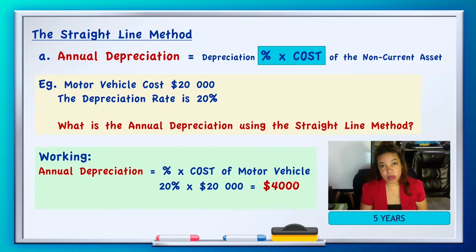If it's $4,000 depreciation annually, and the cost is 20,000, that means 20,000 over the 4,000 gives you 5 years. So the 20,000 reduces in value by $4,000 over a 5-year period. That means as well that there is no value at the end of the useful life. At least this is what is estimated by the business.